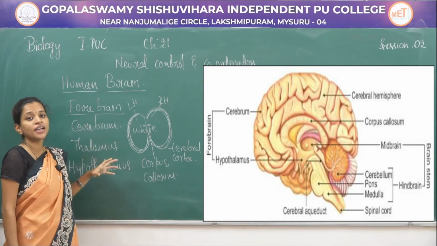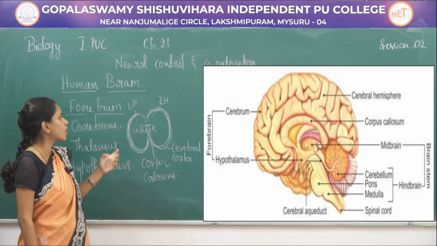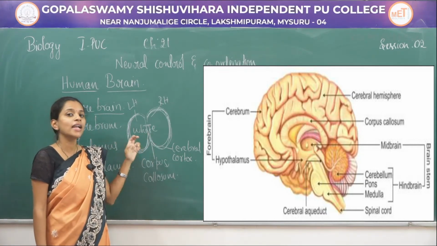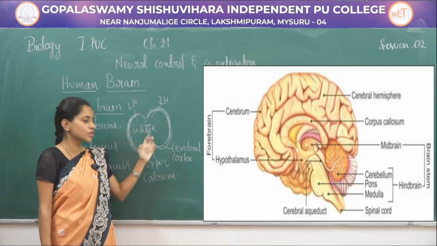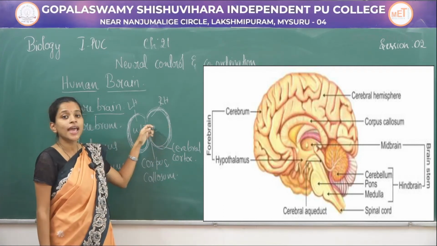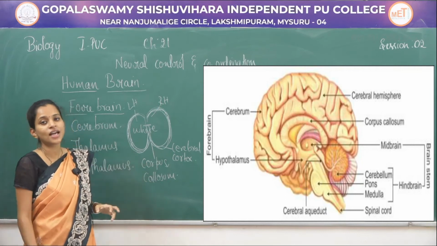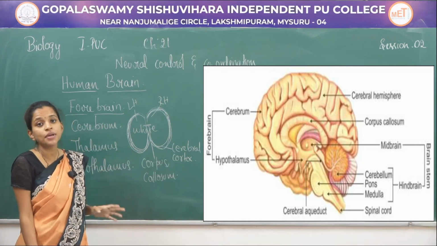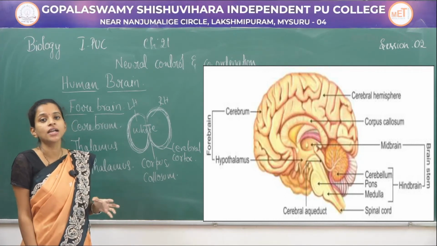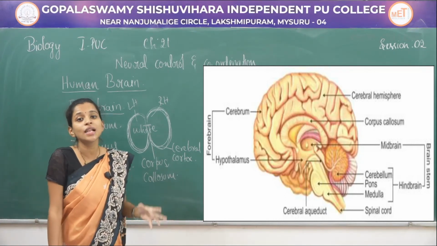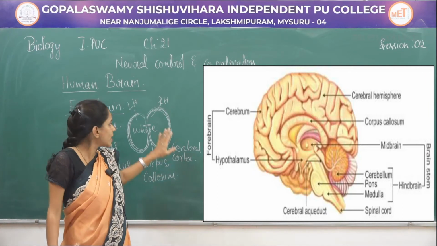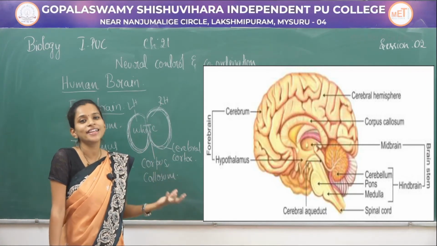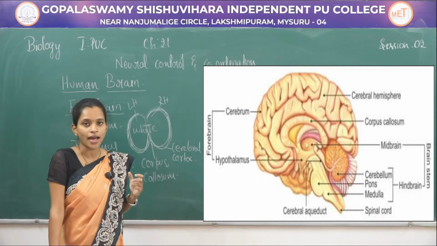The cerebrum is divided into 2 different lobes, the right cerebral hemisphere and left cerebral hemisphere, held together by a tract of nerves called the corpus callosum. They have a thin layer of cells outside the lobe, termed the cerebral cortex. The cerebral cortex appears grey in color due to the presence of the cell bodies of the neurons, whereas the inner region appears white because it contains the myelinated part of the axon.